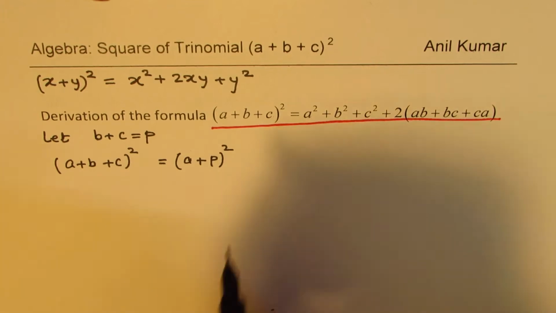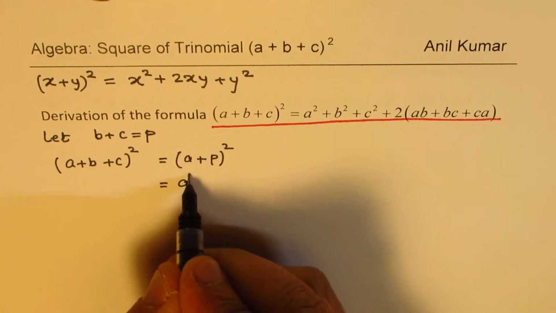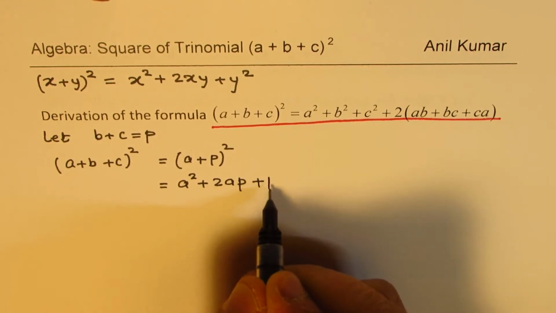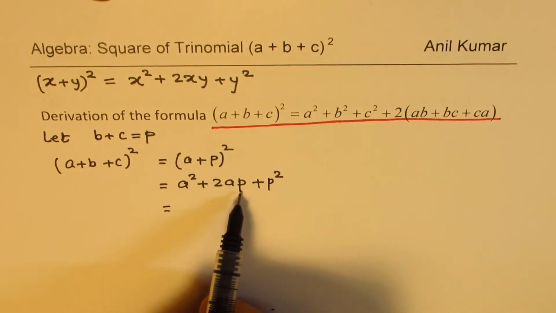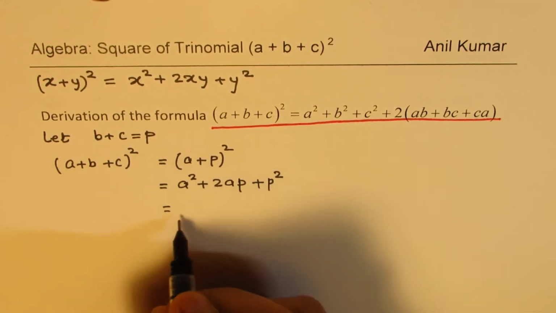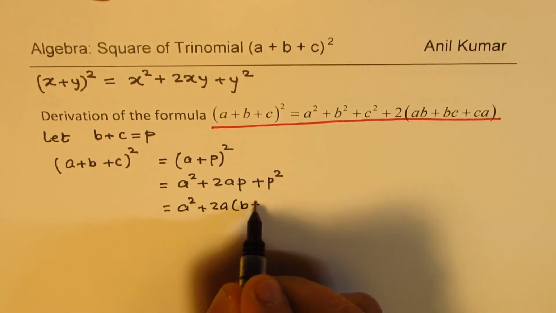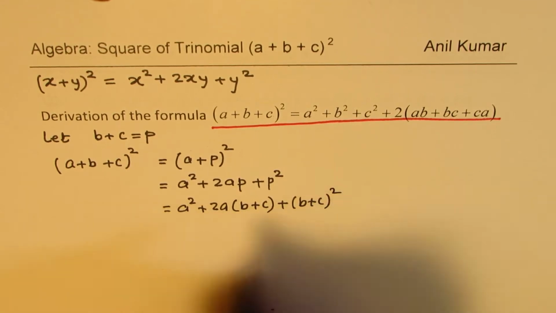We know how to expand it, so let us expand it. What we get here is a square plus 2 times a times p plus p square. Now we can substitute back the value of p, which is b plus c. So we get a square plus 2a times (b + c) plus (b + c) whole square.